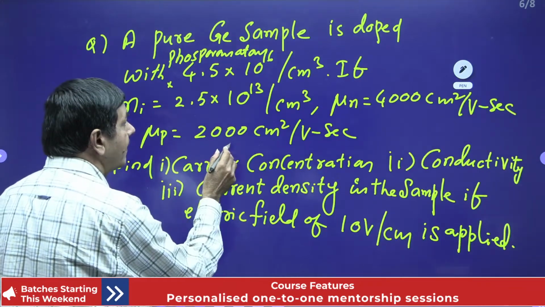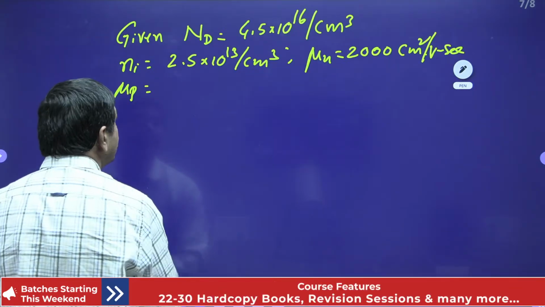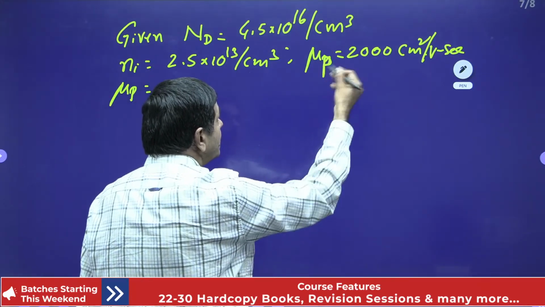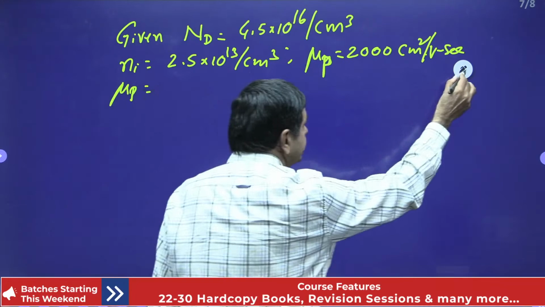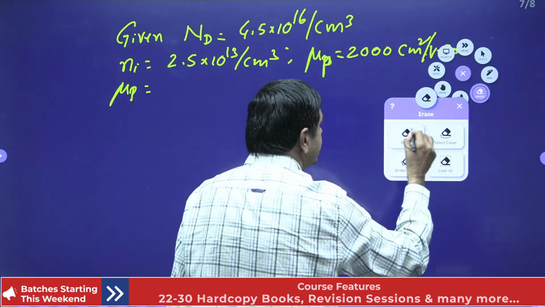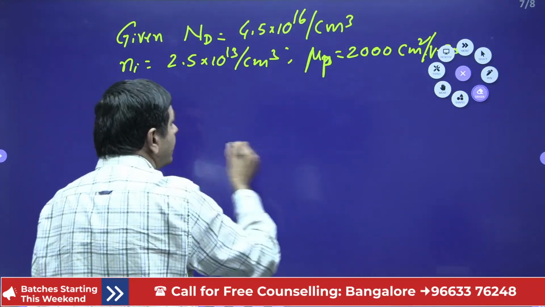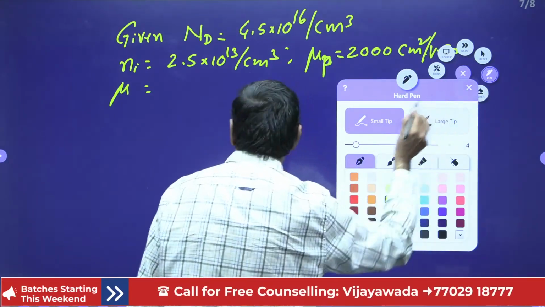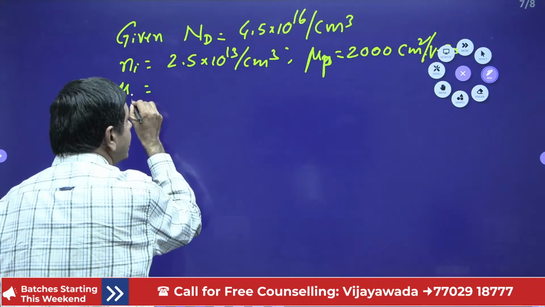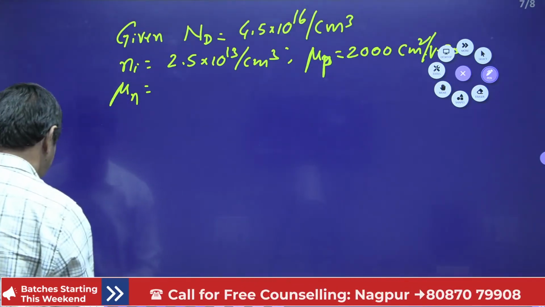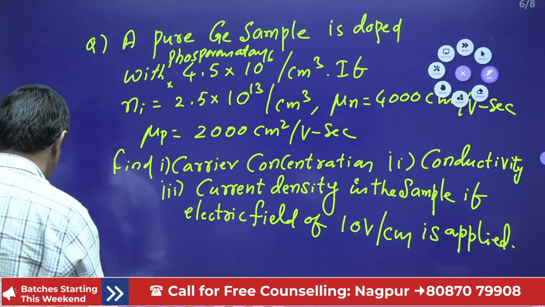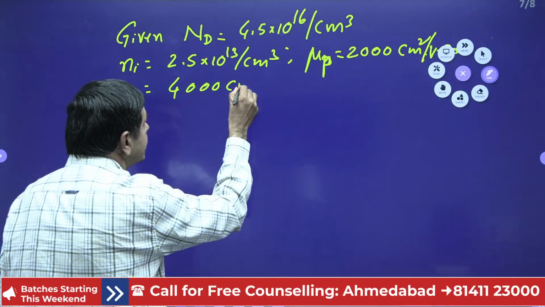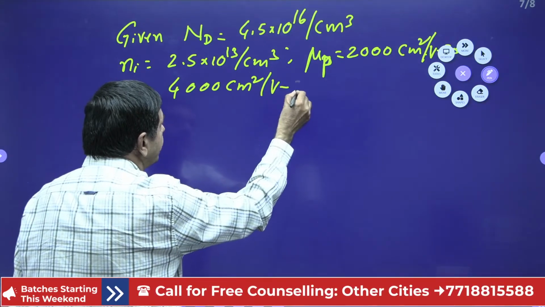Mu p, sorry, mu n is 4000, this is mu p, we can put now. Mu p equal to 2000, and mu n is given here as 4000 cm² per volt second.